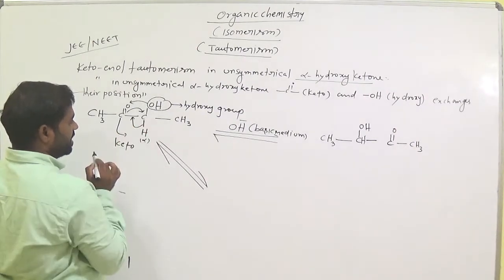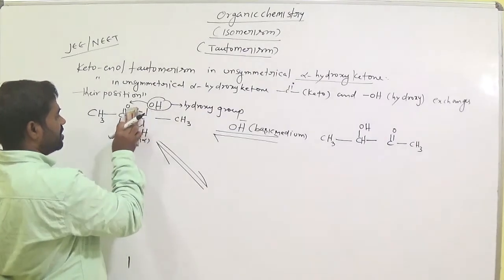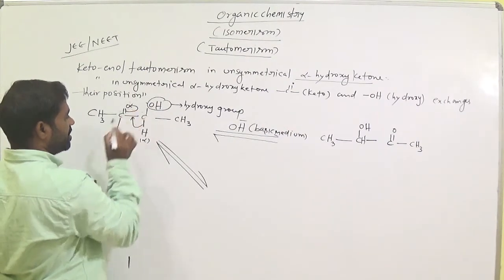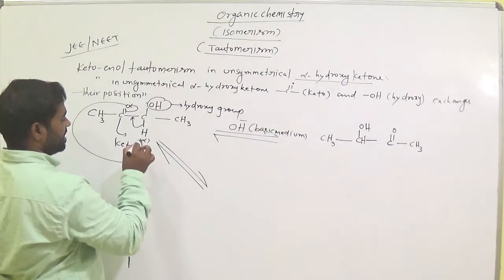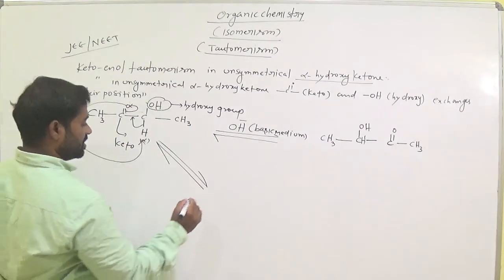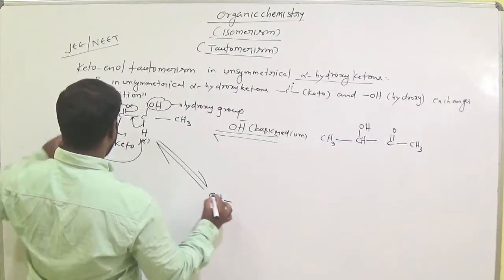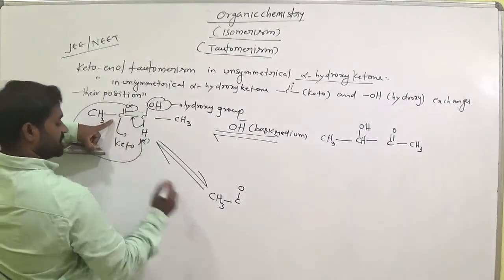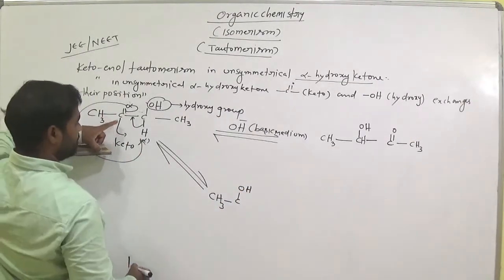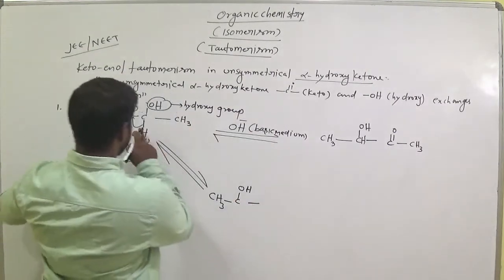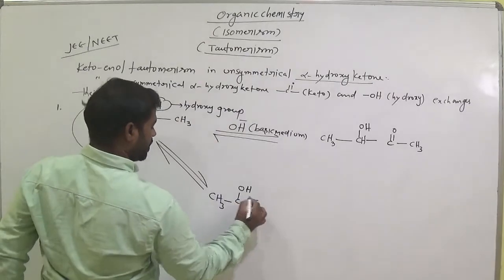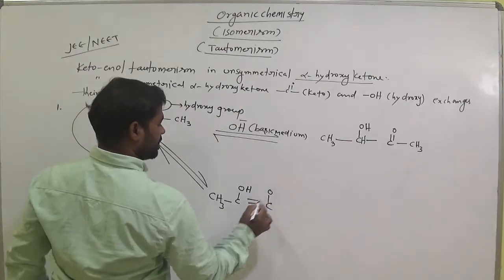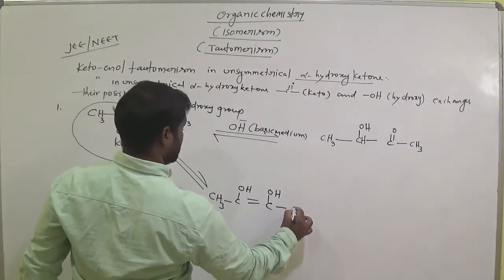Now this bond is shifted here. Okay, clear? Now this bond is shifted on oxygen. This oxygen attracts this hydrogen, am I right? Then what happened? CH3, bond C, one bond is broken down, and this hydrogen moves towards oxygen according to keto-enol tautomerism, and this bond is migrated between these two carbons, so a double bond and carbon is there, and this is OH, bond CH3.